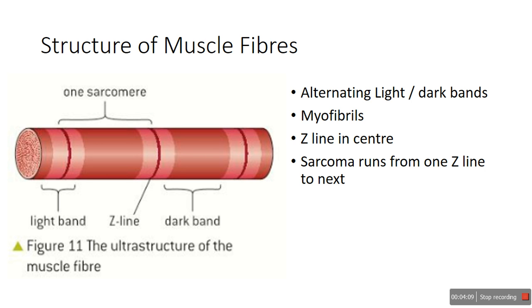So, important features: we have alternating light and dark bands, and the whole thing is one myofibril. We've got a Z line in the center of the light band, followed by a dark band, followed by another light band and another Z line. And the sarcomere runs from one Z line to the next. Now, that's not going to mean a lot to you at the moment, simply because you don't really know what's in these parallel lines, and that's what we're going to come on to in our next slide.